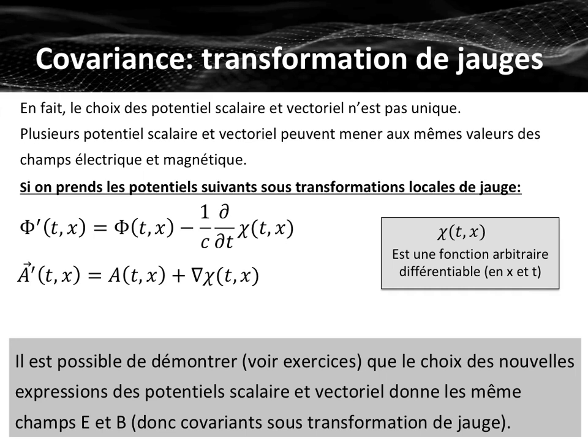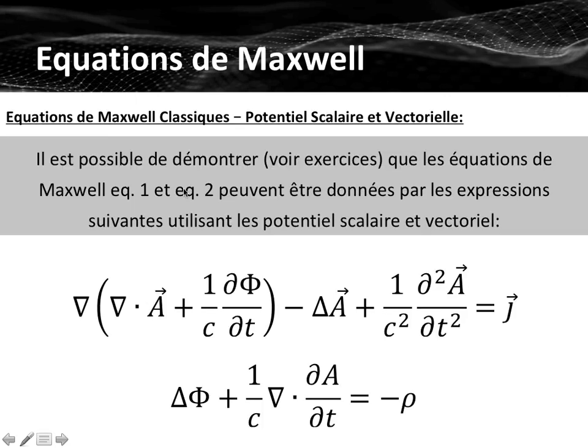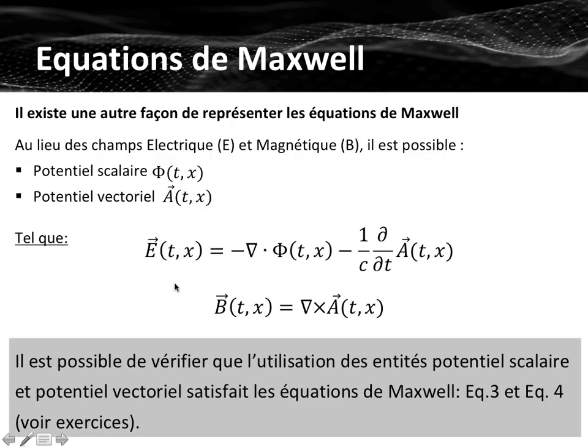Okay? Arbitrary function. The idea is that if you take these expressions of phi prime and A prime, after you take their transformation of gauge here, and you implement these in the expressions of E and B, then you will be having E prime and B prime, because instead of phi you would put phi prime and instead of A you would put A prime.